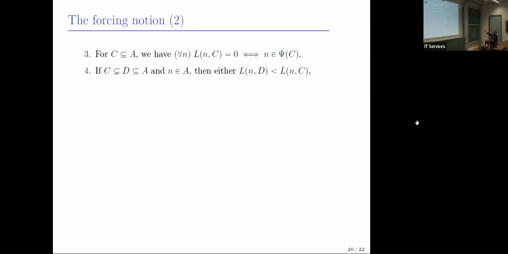Now, if D is larger than C, then I want to say that the labeling that D puts onto N has to be less than the labeling that C puts onto N. We have to drop that labeling so that as we grow our set C, eventually we're going to hit 0, and we're going to put N into psi of our eventual D. That's the idea.